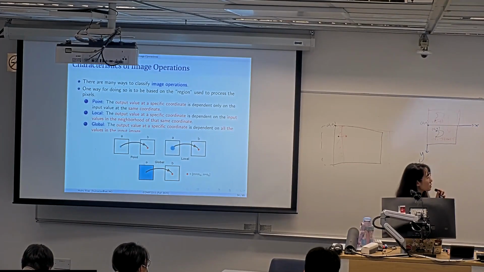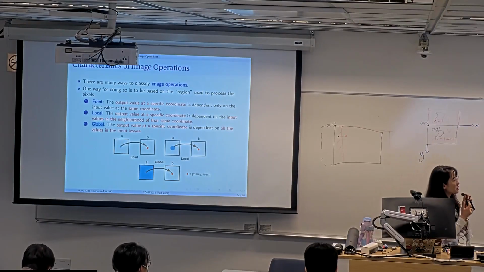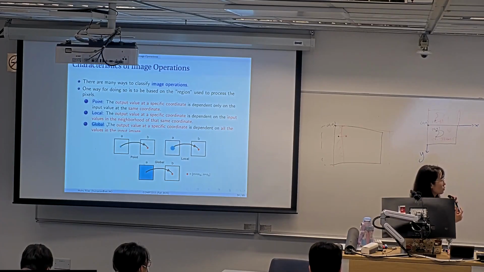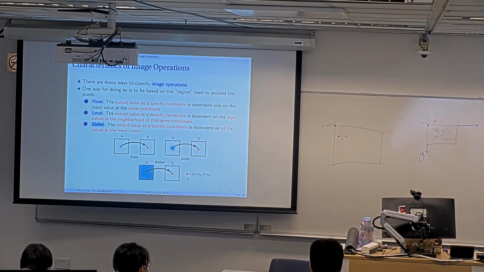Also, we have global-based image operation. For global-based image operation, the output value at a specific coordinate is dependent on all the values in the input image. So if for any single point you want to decide its value, you have to make use of all the pixels in the original image. Then that is called global-based image operation.